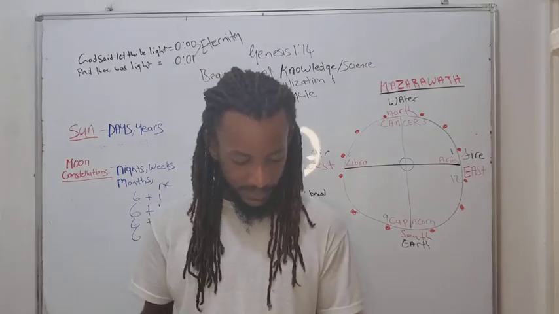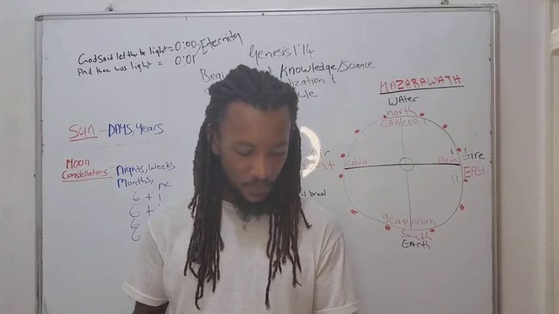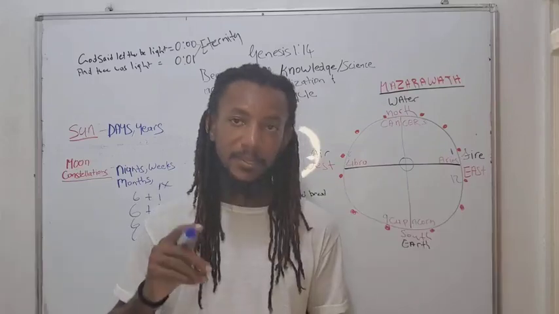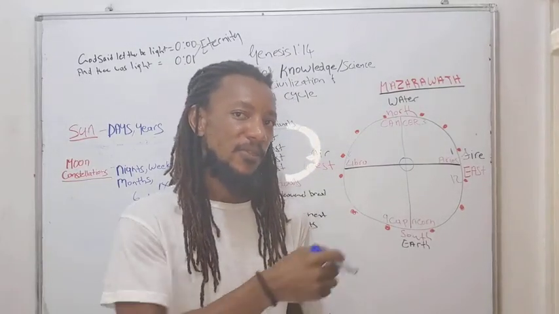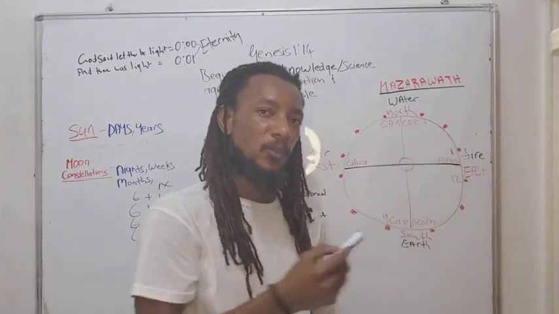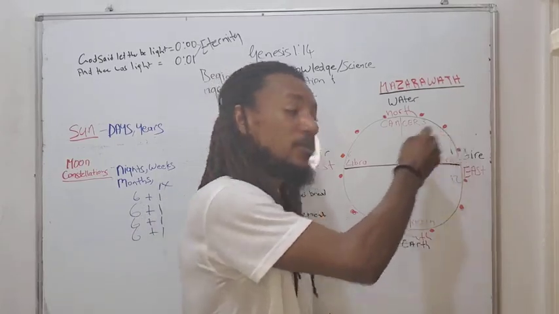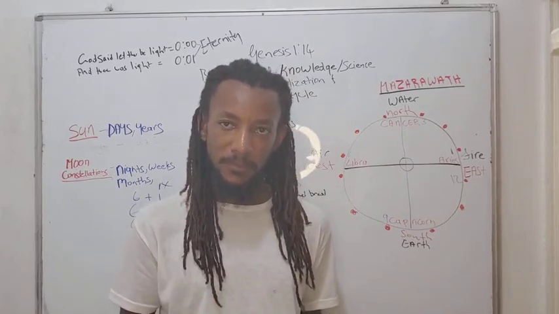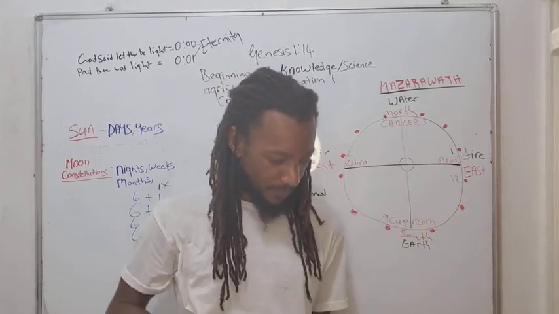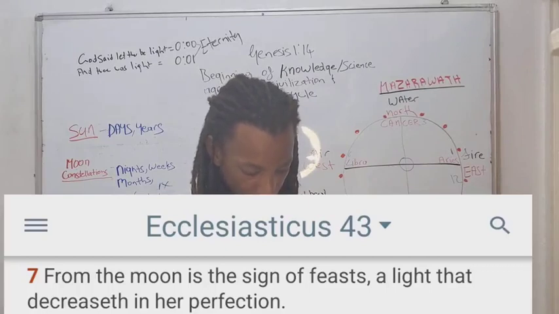This is the book of Ecclesiasticus, chapter 43 and verse 6. It says, He made the moon also to serve in her season for a declaration of times. So what is that saying? There are how many seasons in a year? 12. You have 12 moons, 12 months, 12 seasons, 12 appointed times in the course of a year, right? It says, and a sign of the world.